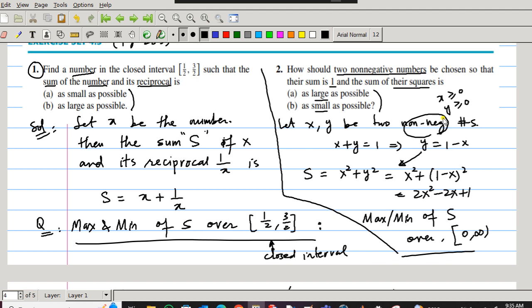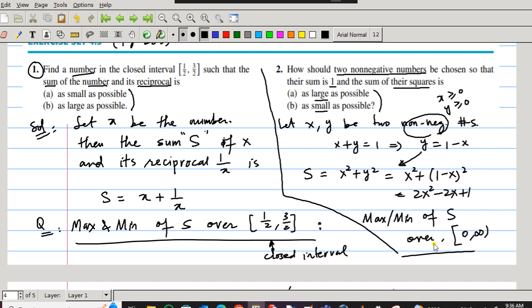So we can expect that I get only one critical point. And you can see that if I take the derivative, it will be 4x minus 2. Put it equal to 0, x will be 1 over 2. So only critical point. If you have one critical point in infinite interval, you can just check the second derivative. If second derivative is positive, it will give me minimum. If it is negative, gives me maximum.